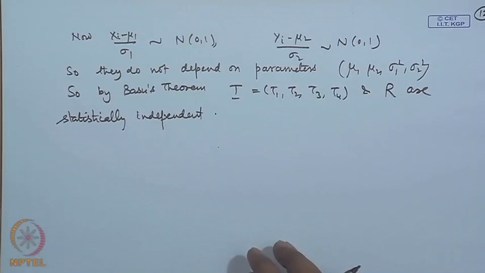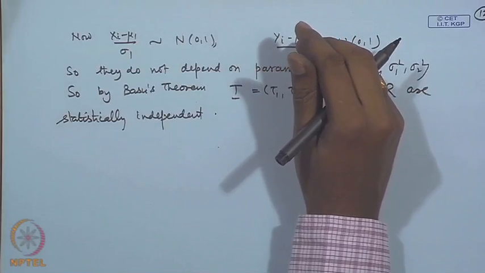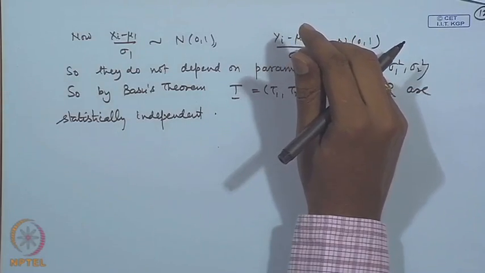So, this Basu's theorem is a very useful result, and I have given applications to the normal distributions, but it also has applications in exponential populations, inverse Gaussian populations. There are various distributions where this Basu's theorem is extremely useful.